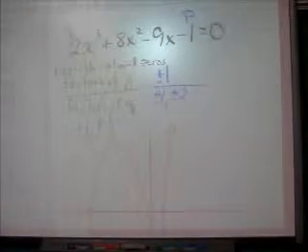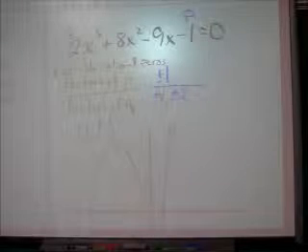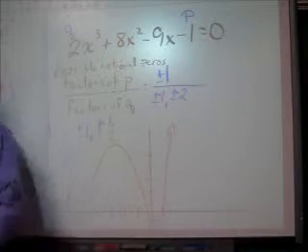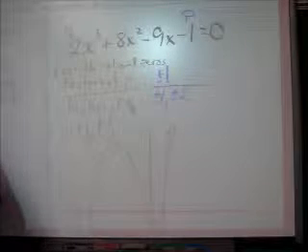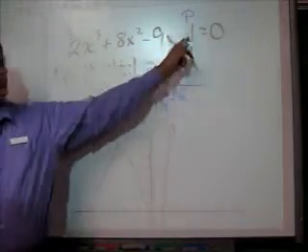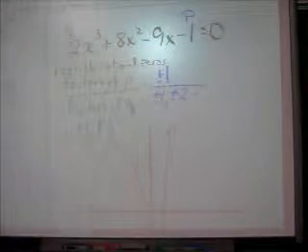Now, we've been building up to something here, and that is, how do I start finding these answers? We can pretty much agree that at positive 1, it does look like this thing is crossing, and I made the comment that it actually does cross based on how I wrote it. Alice made the comment, well, if you add up the coefficients, the 2 plus 8 minus 9 minus 1, what's that answer? 0.